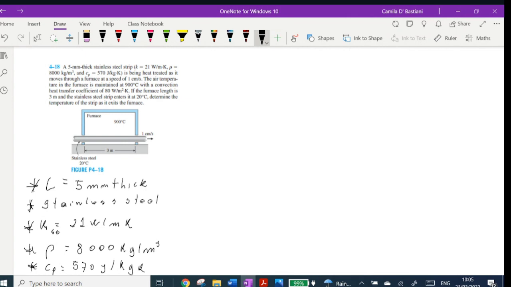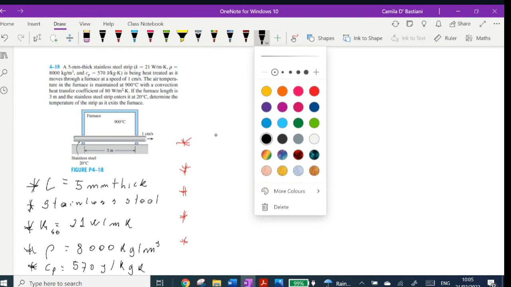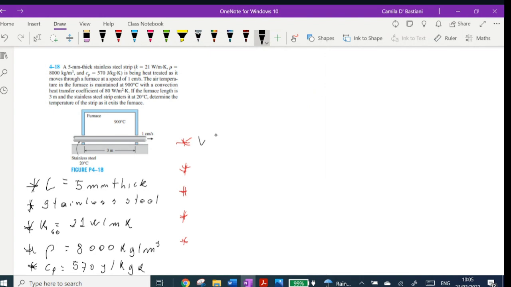It moves through a furnace at a speed of 1 centimeter per second. I have one more piece of information here. My velocity is 1 centimeter per second, or we can say that's 0.01 meters per second.